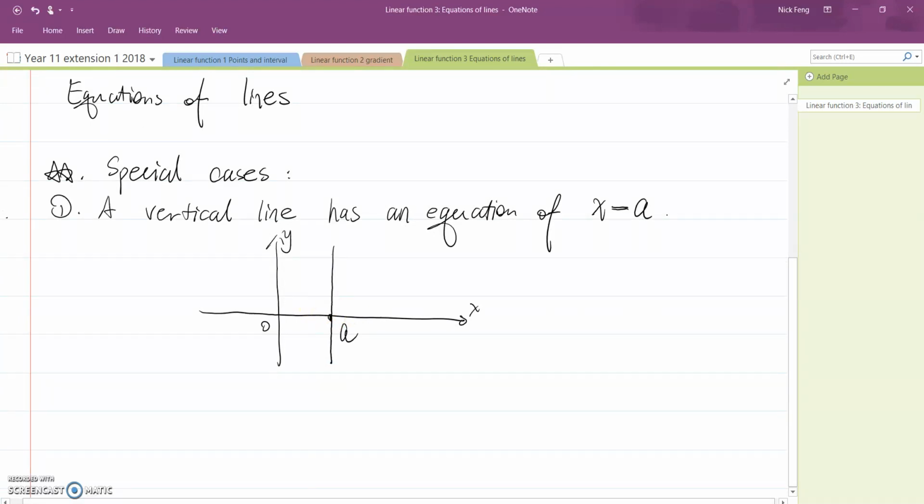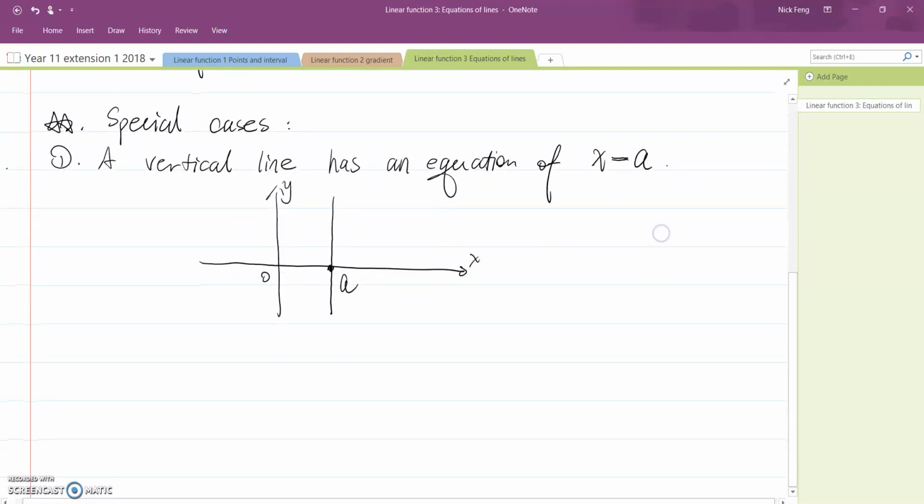Therefore, the equation has only x in there, because no matter what y value you take along this line, it always has an x coordinate of a. So therefore, for a vertical line, x equals a. And if you have a point here, let's say a and b, it doesn't matter what b would be, even if it's a and c on top of that, they always have the same x coordinate as a.